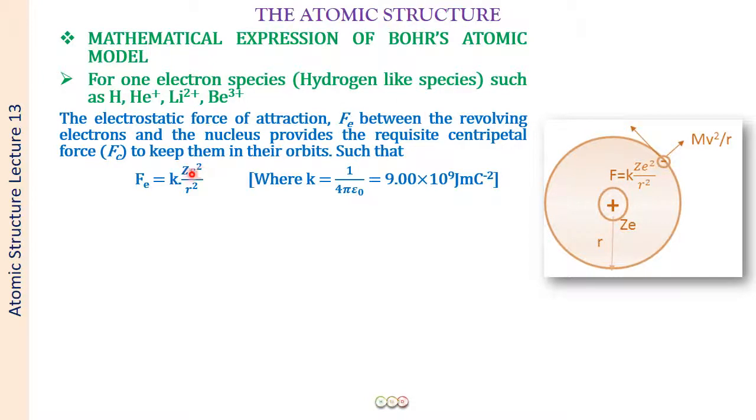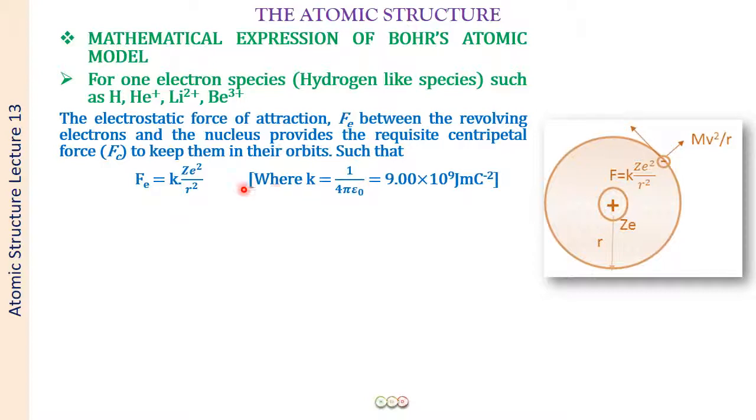So the total charges Q1 and Q2 become Ze square. And what is K over here? K is the Coulomb's constant, and the value of this is going to be 1 over 4 pi epsilon naught, where epsilon naught is the permittivity of free space, and this you would be able to understand when you study this in physics.